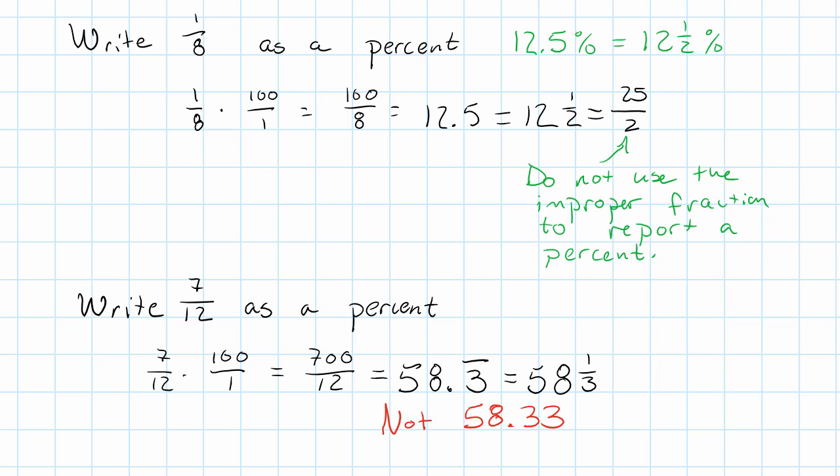So here we get 58.3 repeating percent, or 58 and 1/3 percent. Okay, so converting from a number to a percent is very easy. Just multiply by 100. Converting from a percent to a number is even easier. You just do what it says on the box.